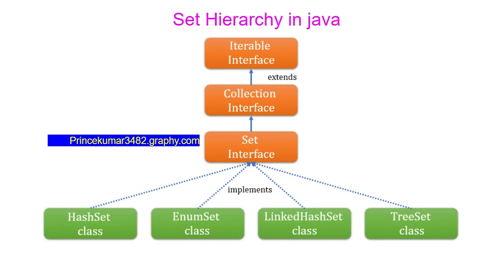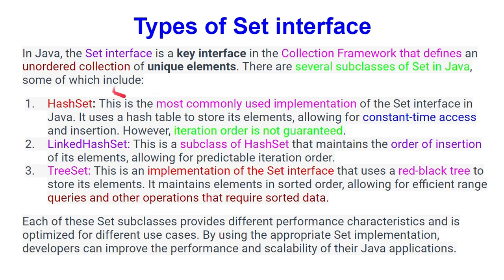Okay, and if I talk about HashSet, EnumSet, LinkedHashSet, and TreeSet, all those classes have different behaviors and different working styles. So we can see those. Let's take the example of the types of the Set interface, or we can say the implemented classes of the Set interface.